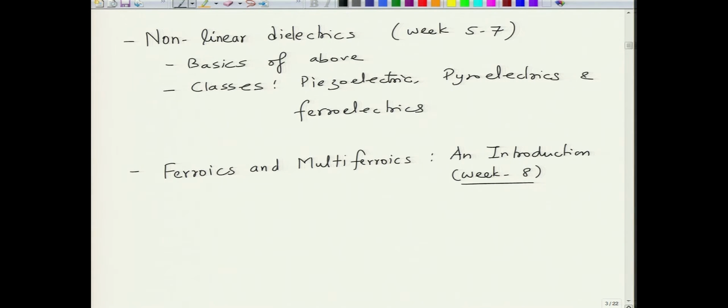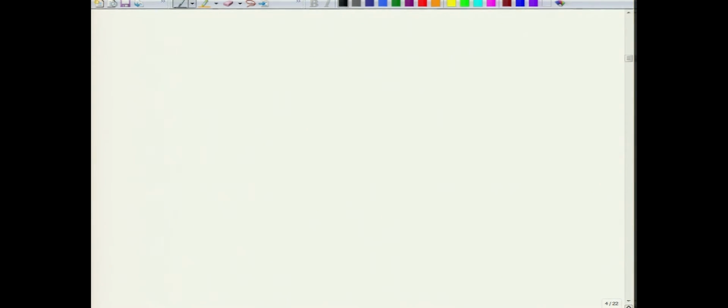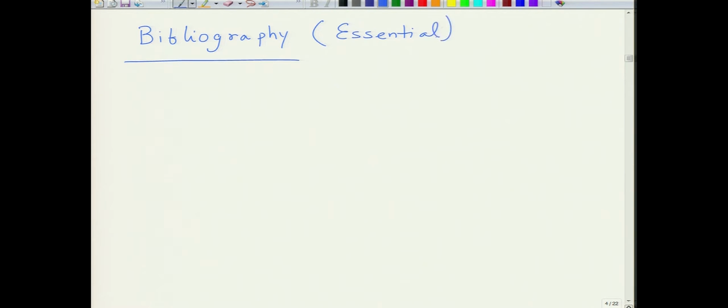So, this is the overall overview of the contents of the course that we will undertake as we progress in this course. Now, let me go to the bibliography. What are the books that you are going to follow? And here I would say the first thing is essential bibliography. So, these are the books that you require for yourself.